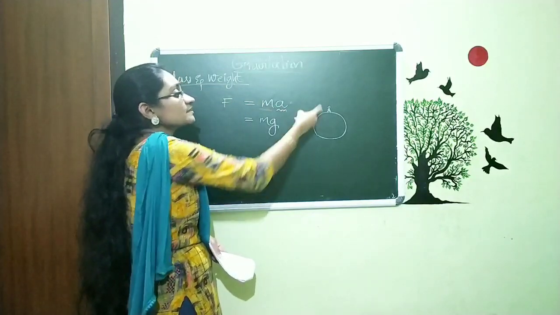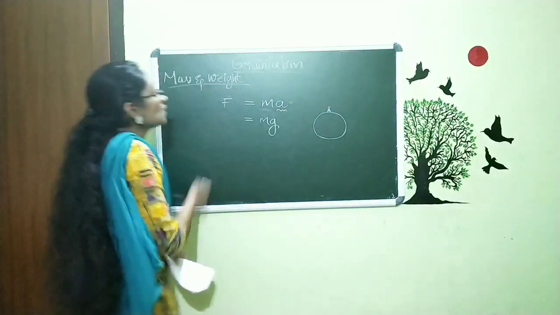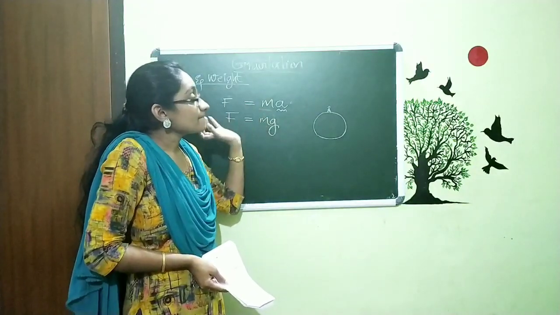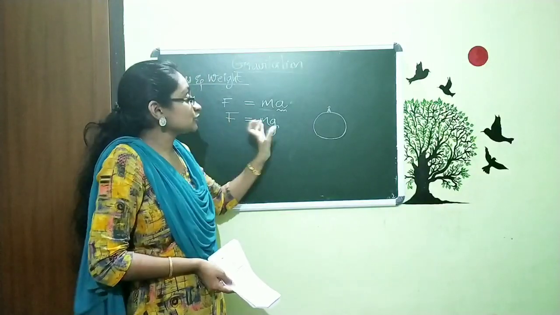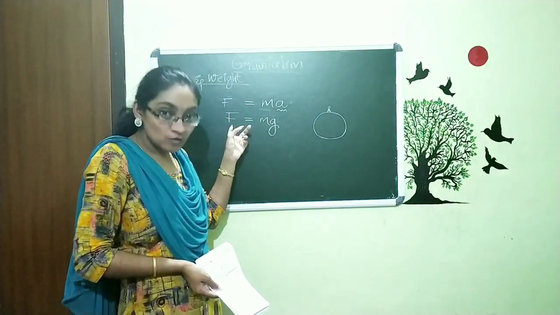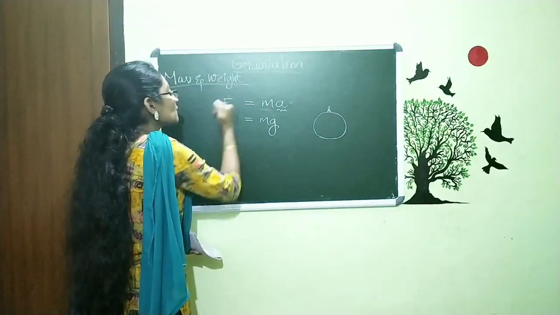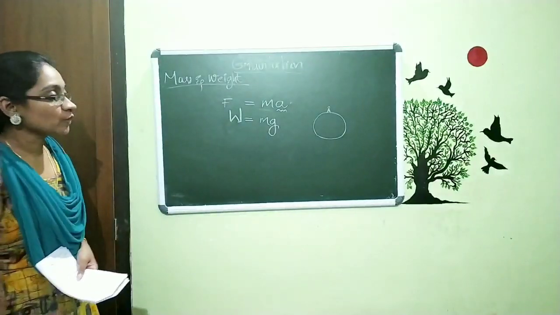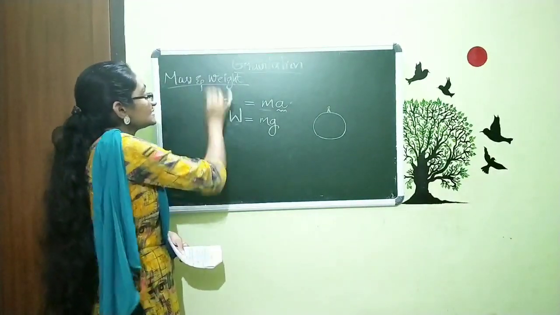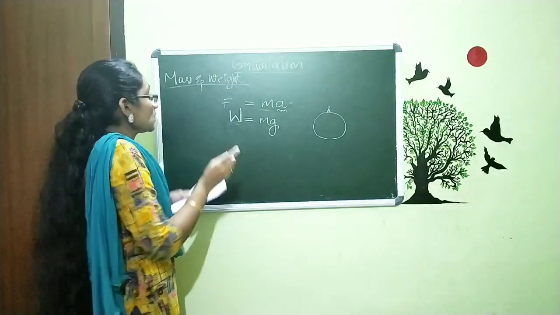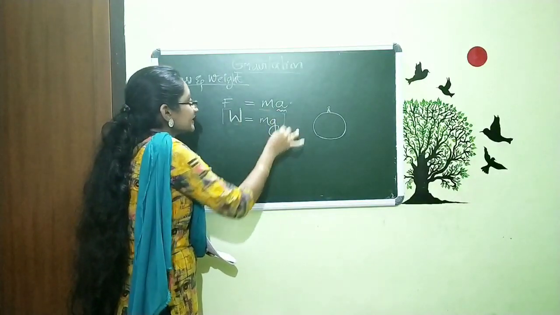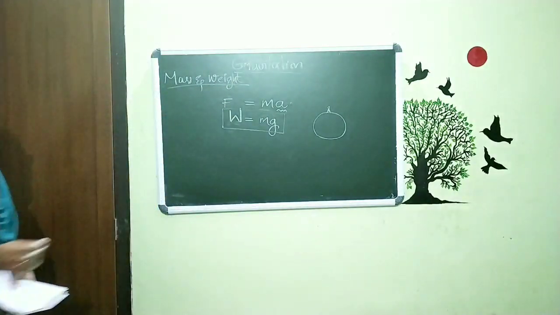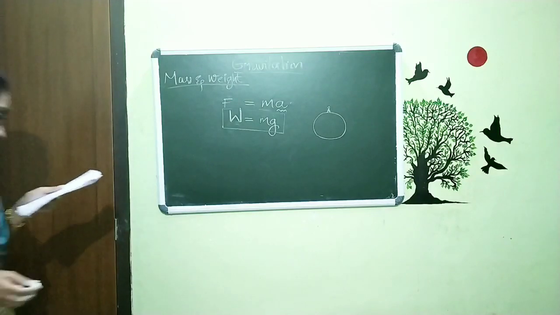So this m is the mass of this person. So this is a type of force, the product of the mass and the acceleration due to gravity. This force I am calling W. That W is weight. We denote this with capital W. So W is equal to mg. This is the equation for finding weight: mass into acceleration due to gravity.